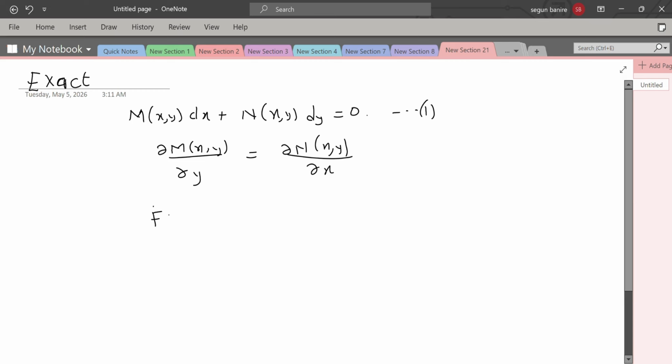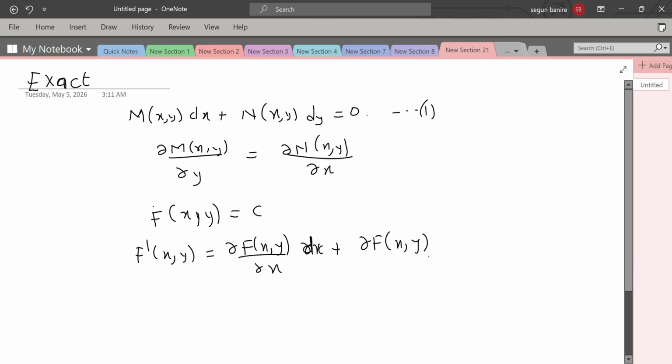Have a function f(x,y) equals c. Then if I differentiate this function, like the total derivative now, I will get the partial derivative of f with respect to x dx plus the partial derivative of f with respect to y dy, and this will be equal to 0 because of this constant.